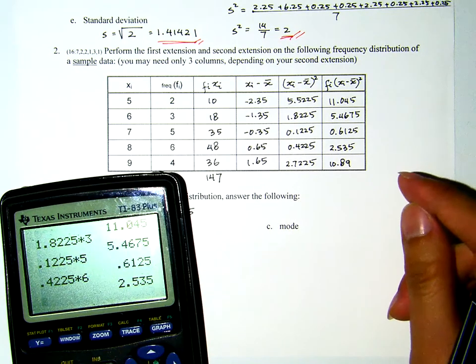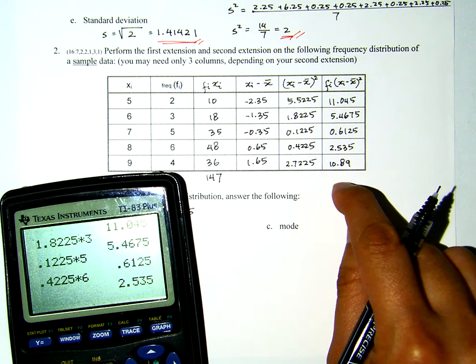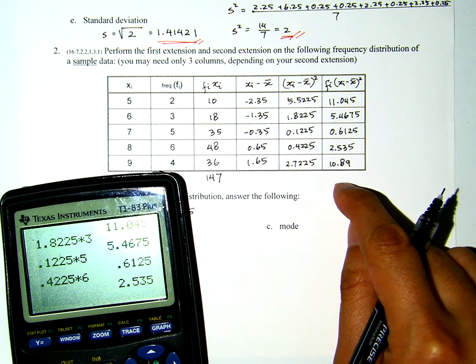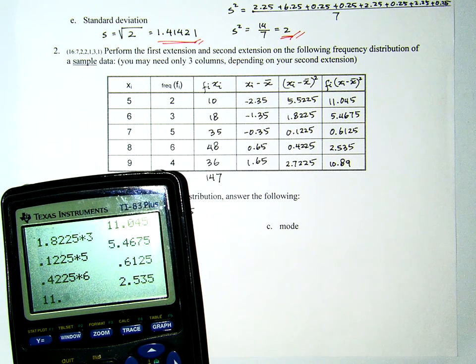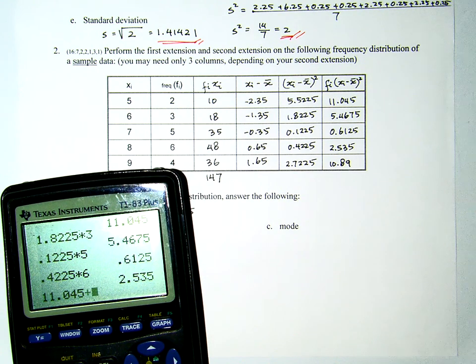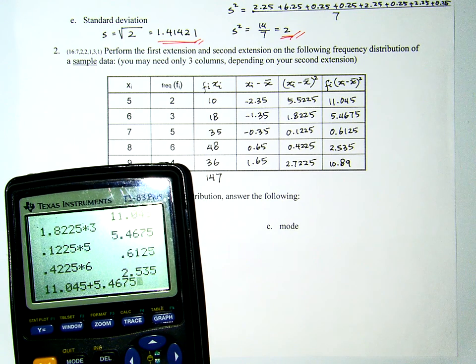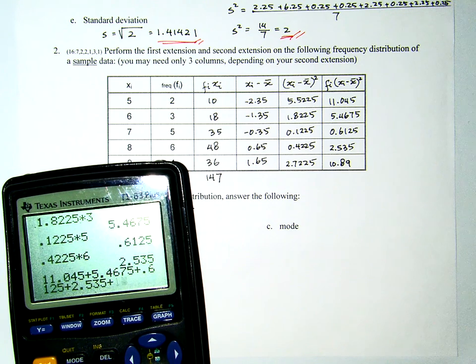Now what I will do next, I will add this. This will be the sum of the squared errors. Now let's see, 11.045 plus 5.4675 plus 0.6125 plus 2.535 plus 10.89.